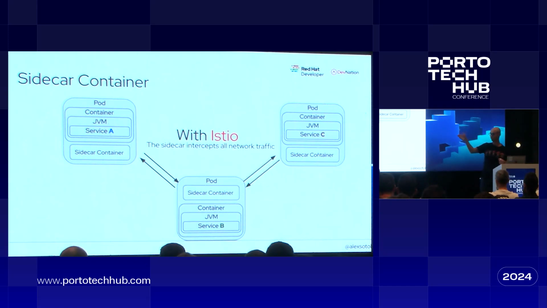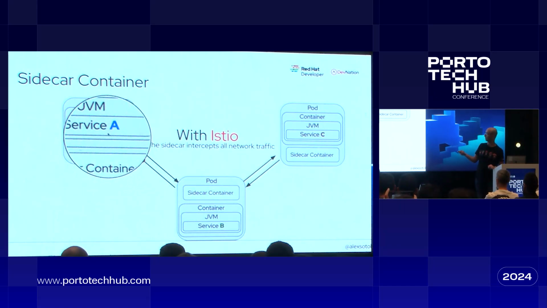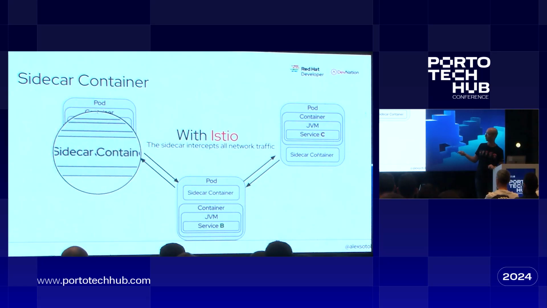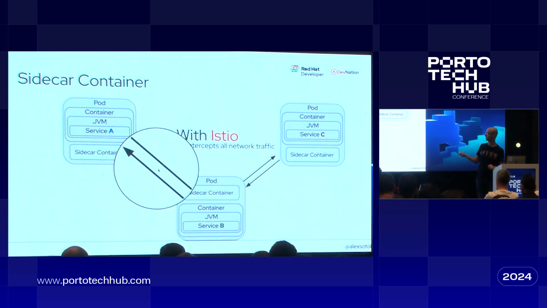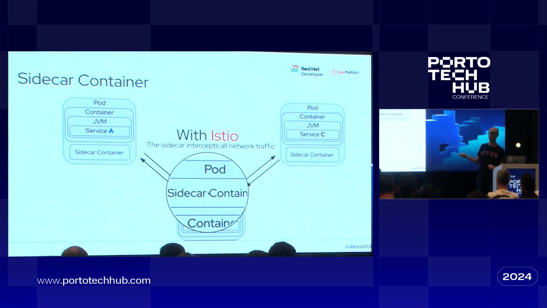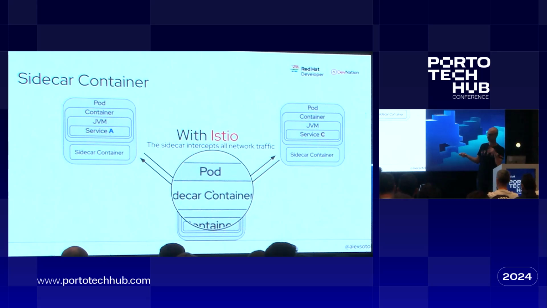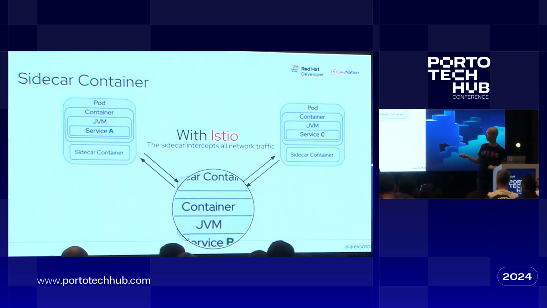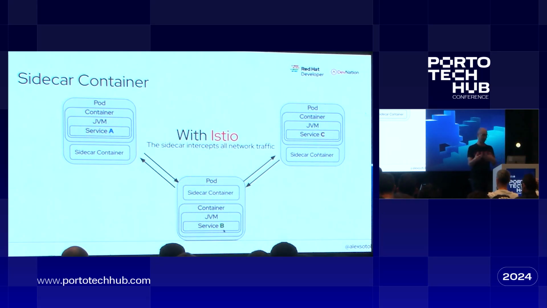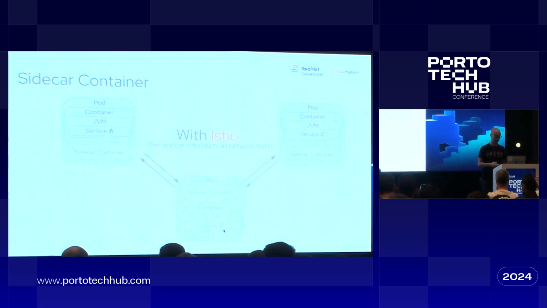So for this reason, your communication is transparently encrypted, because here it's HTTP, but when you arrive here, this transforms to HTTPS, and the HTTPS request goes out to this other sidecar container, which can be on another node. This sidecar container will decrypt and make an HTTP call to service B. So this is how Istio works.